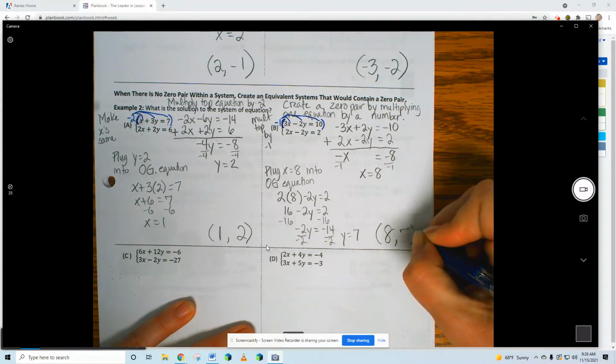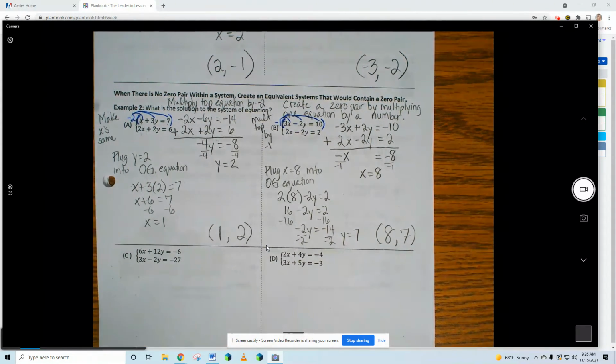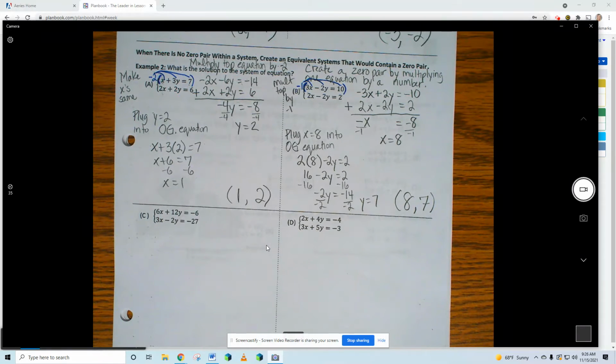Y equals 7. And that is my solution to that system.